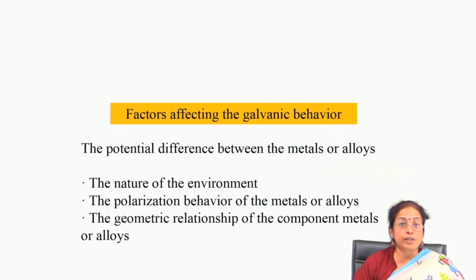So, the surface environment of the component couple also plays a very important role. Polarization behavior of the metals and alloys, geometrical relationship of the component metals or alloys, and naturally temperature differences, stress differences and microstructures all play important roles in determining the galvanic corrosion behavior of the material combinations.